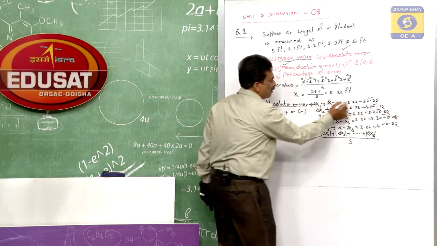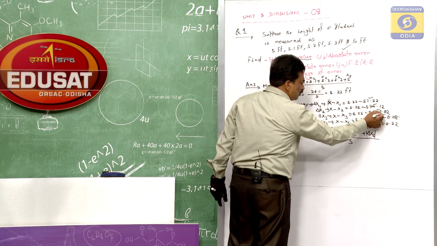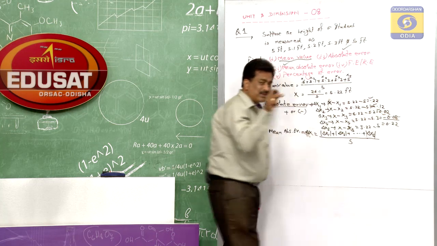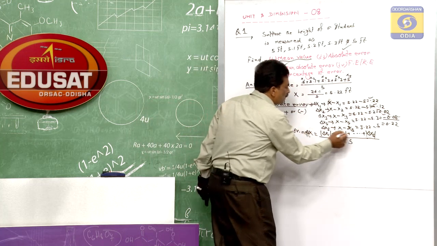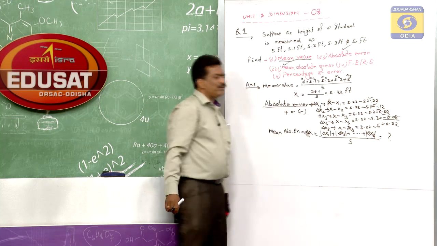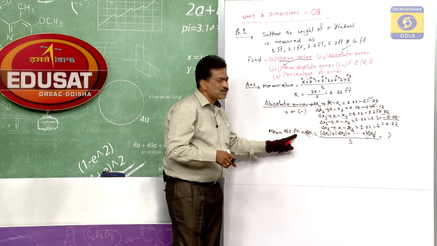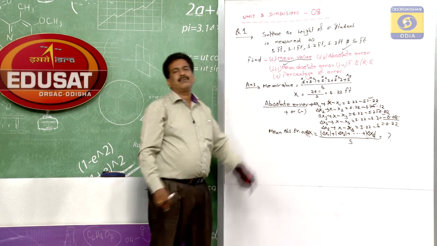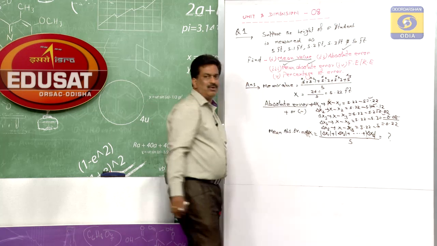When the modulus of del x1 is taken, this will be positive, this positive, this positive, but this value was minus, and with the modulus it will give plus. So all these values will be positive, divided by 5. Then you will find the del x value, and remember that the mean absolute error is always positive. So the mean absolute error is over.